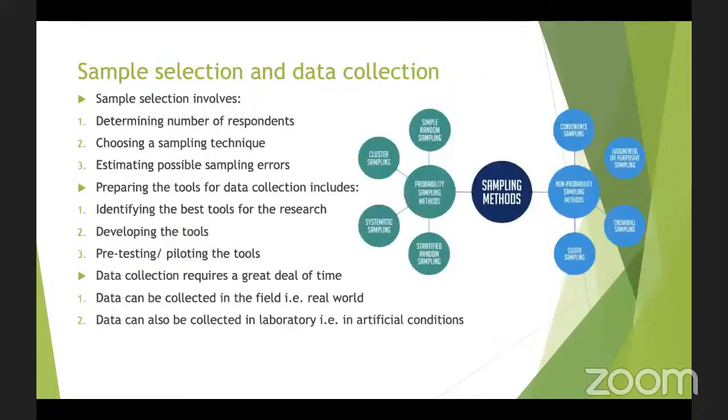Now, next is sample selection and data collection. So, sampling design basically refers to the process of selecting an appropriate number of respondents from a target population of the study. Like the example that I took earlier, you have a study in mind with North Indians and South Indians in the picture.